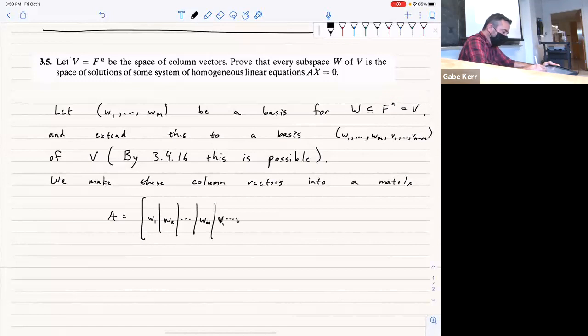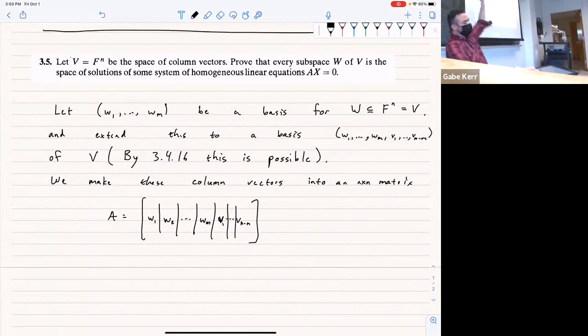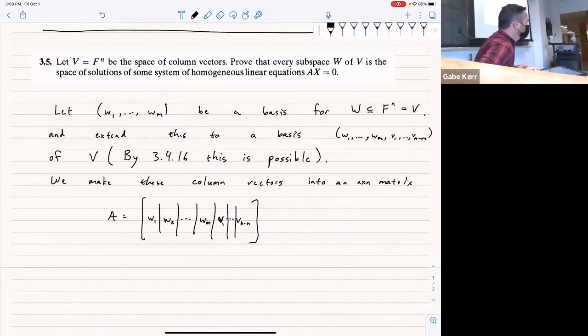B1 through Bn. This is not just any old matrix, this is a square matrix, an n by n matrix, right? The columns have length n, and since it's an n-dimensional space and I've got a basis, I know I've got n vectors in the space. Square matrix.